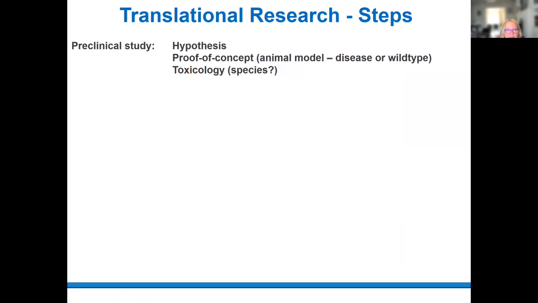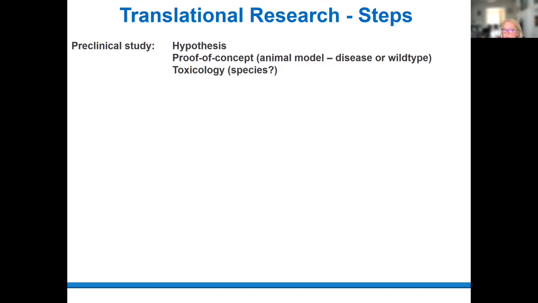So within our laboratories, we might have an idea, we might have a hypothesis, and we then have to do preclinical studies in cell culture models or in animal models to establish proof of concept that our hypothesis is correct. And more often than not, we show that our hypothesis was incorrect. So we have to go back to a blank page and generate new hypotheses.